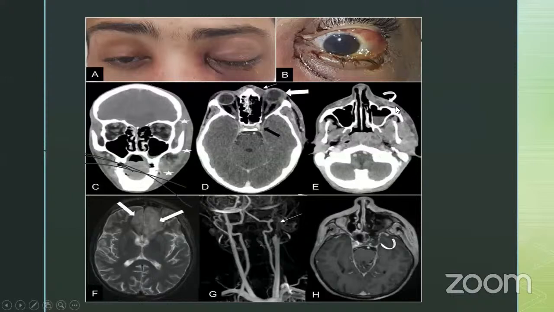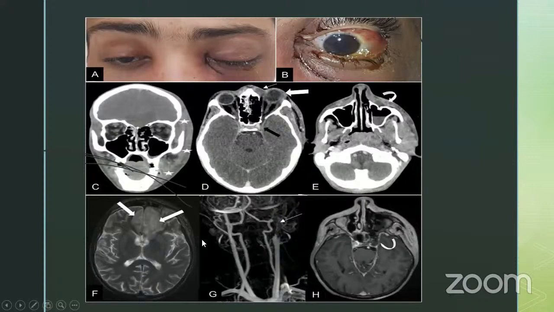The premaxillary region also shows evidence of inflammation, with the left maxillary sinus showing a fluid level suggestive of sinus involvement also in this case. So this is a case of invasive fungal sinusitis, which has maxillary sinus involvement, orbital involvement, and intracranial extension, which is confirmed with the MRI image.